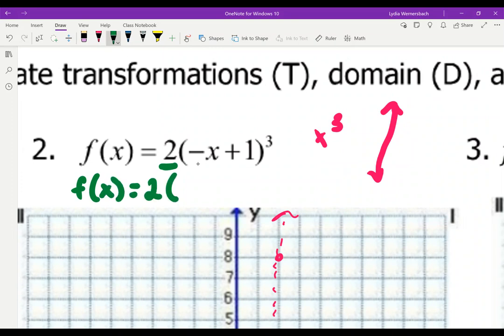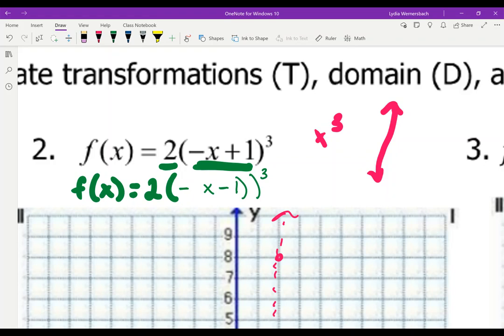But I have to pull this negative out of both of these pieces. So I'm going to write that as, I'm going to pull the negative out, and then I'm going to be left with x instead of +1, it'll be -1. So in order to do those horizontal transformations or the reflection over the y-axis, we have to pull out those pieces and get it separated like here.